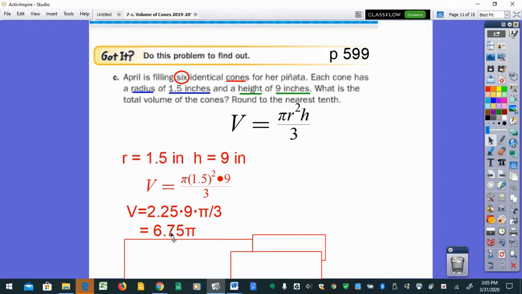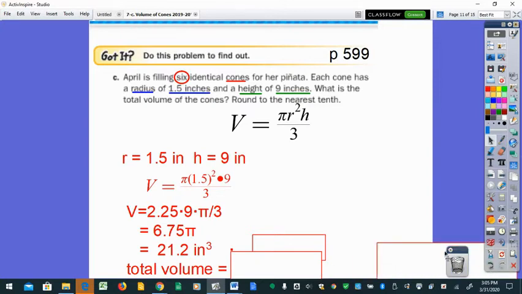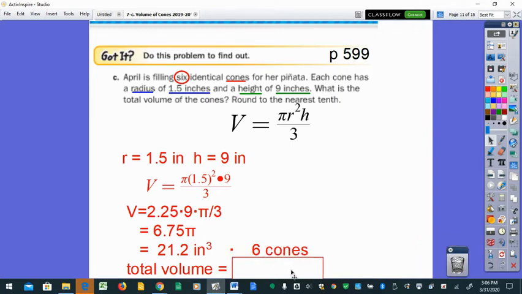And the minute we pick up our calculator and take 6.75 times the pi button, you're going to see 21.2 inches cubed for one cone. Now I need to remember what I circled up here is that she's actually filling 6. So we need to take that volume for 1, multiply it by the 6 cones, and when we take 21.2 times 6, we'll have 127.2 inches cubed.